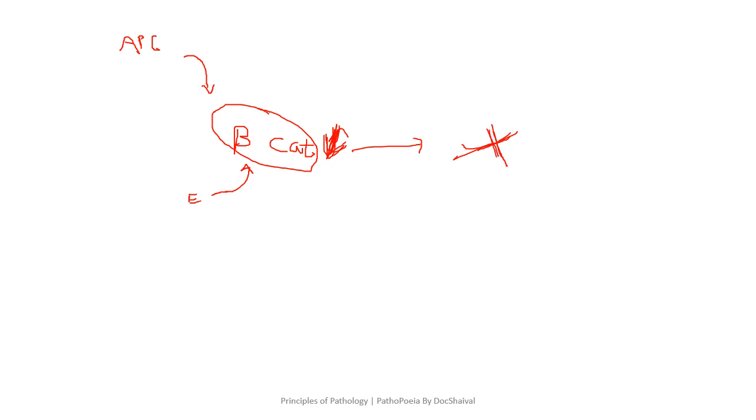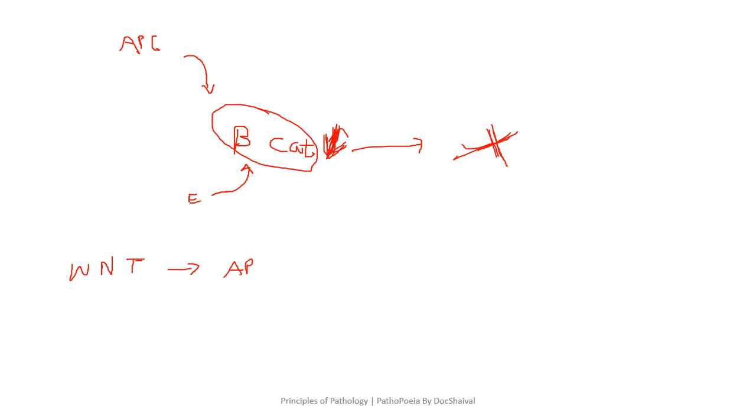Now there is the third mechanism, or rather not a mechanism, but a part of the APC pathway. What the WNT signal does is that it causes the APC activity to decrease.